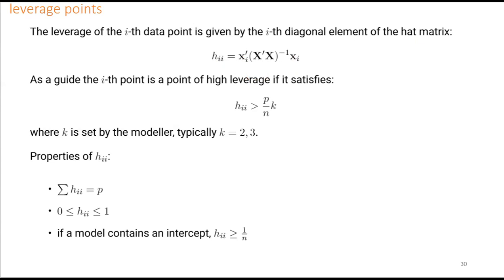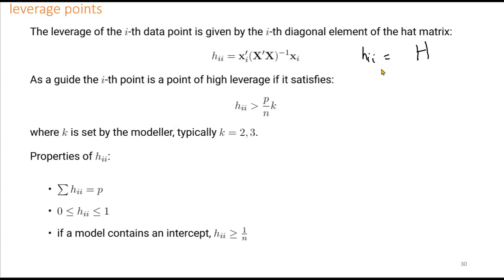Let me write something here. So the H_ii is the ith row and the ith column of your hat matrix H.